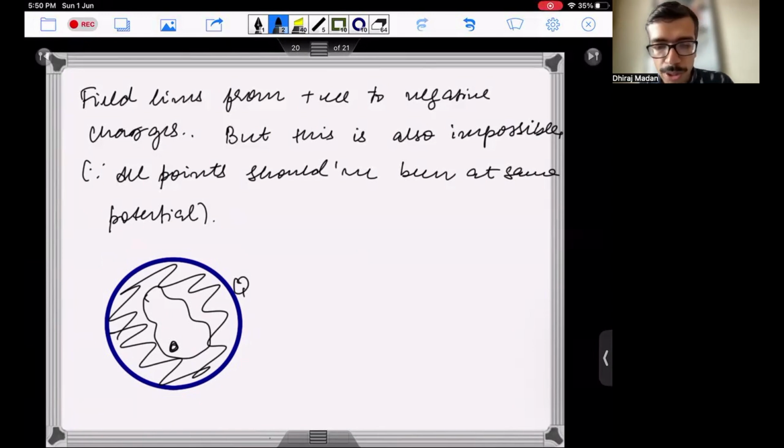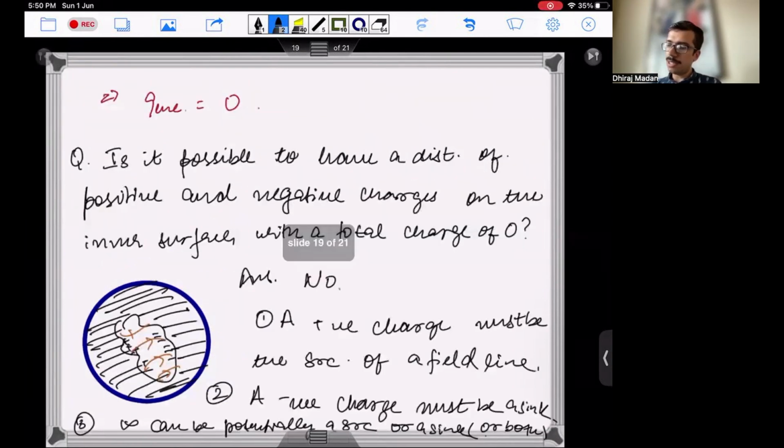So this is what the charges are. Now if we want to compute the electric field inside this cavity, we can check that there cannot be any field line in the cavity, as we have seen earlier. The reason being that a field line would indicate a potential difference.